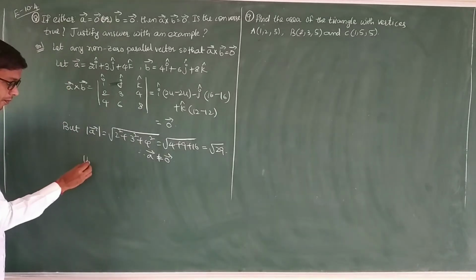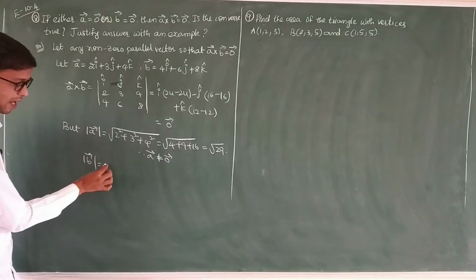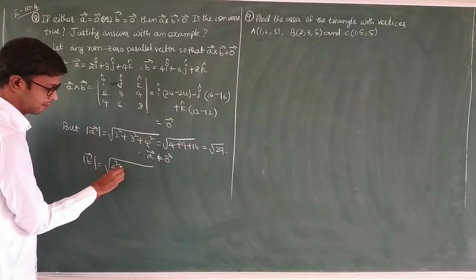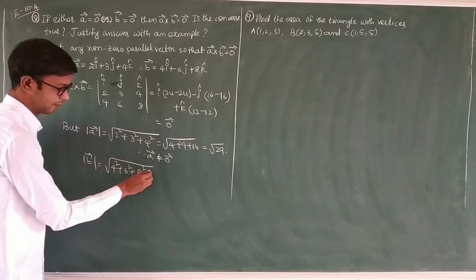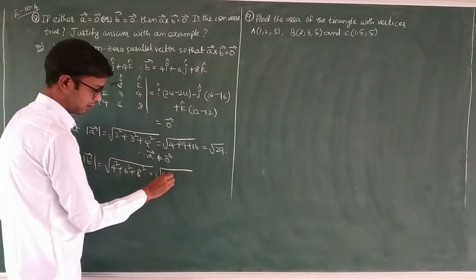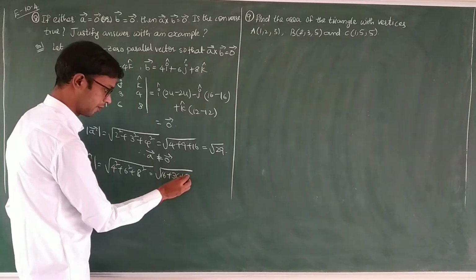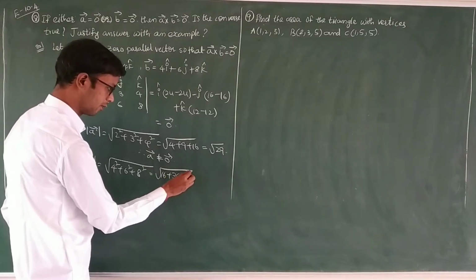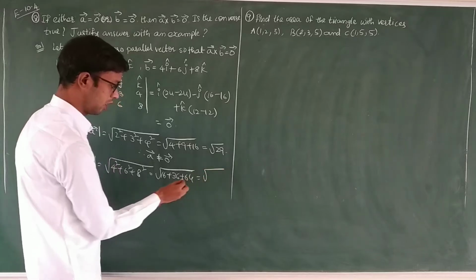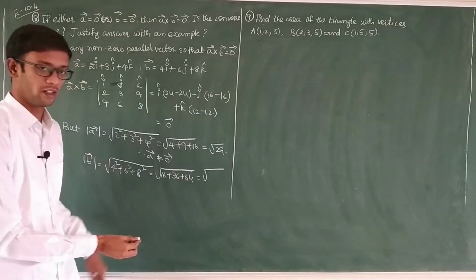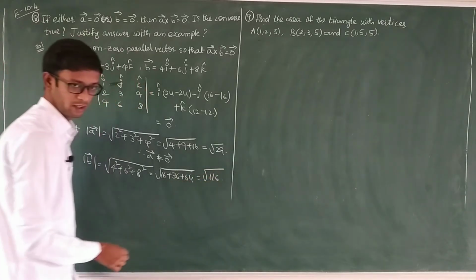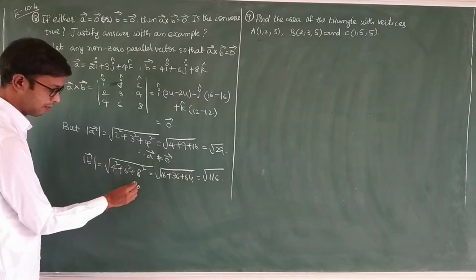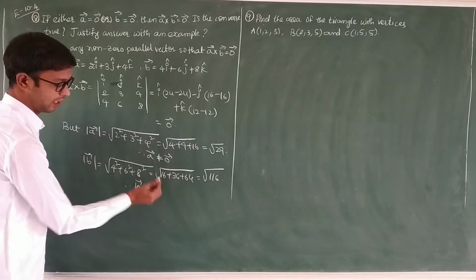Next, B bar magnitude is root of 4 square plus 6 square plus 8 square, 16 plus 36 plus 64, root 116. Therefore, B bar is also a non-zero vector.